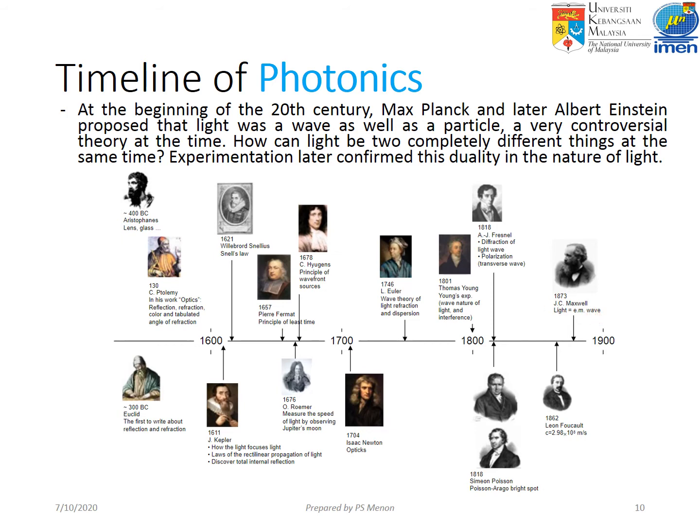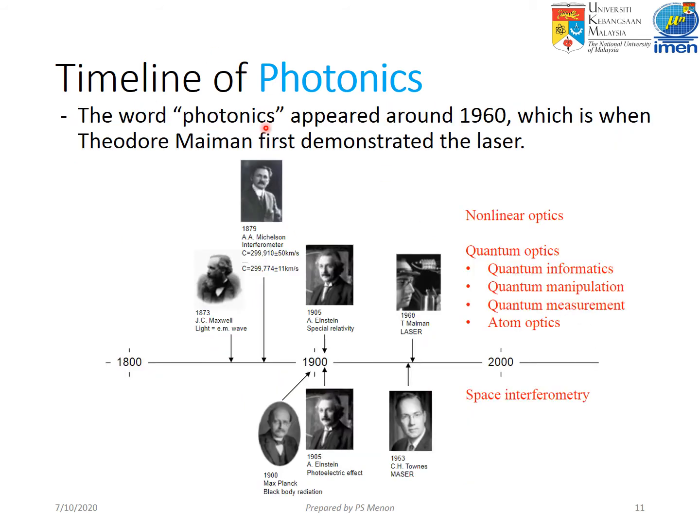So the word photonics actually appeared around 1960, which is when Theodore Maiman first demonstrated the laser. So moving on, you can see over here the laser was discovered in 1960, and just prior to that we have C.H. Townes, who invented the maser.